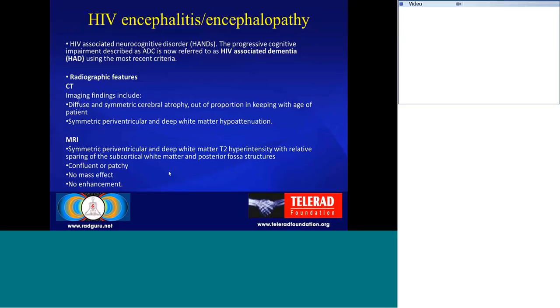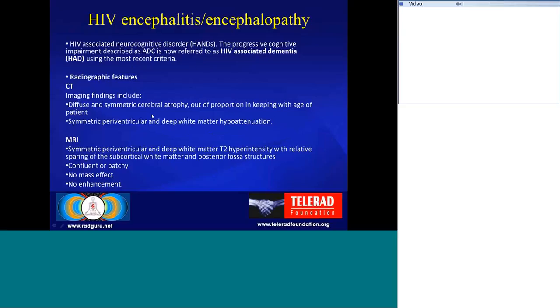So nowadays in cases of AIDS, HIV encephalitis or encephalopathy is important, as the prognosis is bad when there is HIV encephalitis. This is a direct infection of the brain by the HIV virus, and usually it has been classified as HIV-associated neurocognitive disorders. AIDS dementia complex, HIV-associated dementia, HIV encephalopathy, and HIV encephalitis are all included under HAND, HIV-associated neurocognitive disorders.